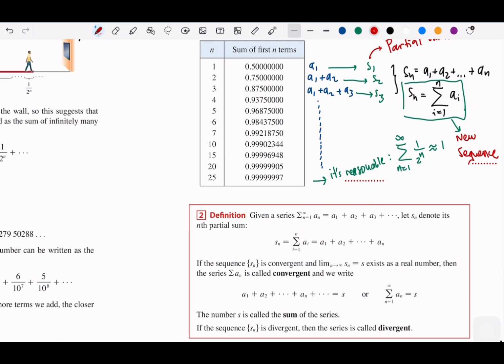So it doesn't simply work like a sequence before, where we can use the limit and find whether the sequence converges or diverges. Now we need to use different things, because now we are going to sum up all the sequence.